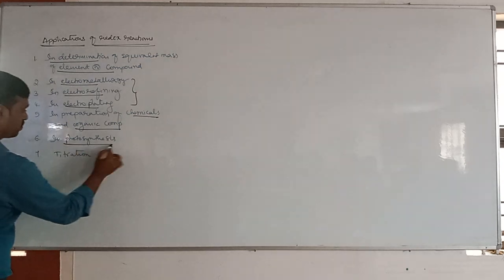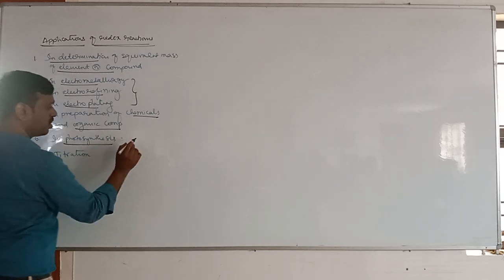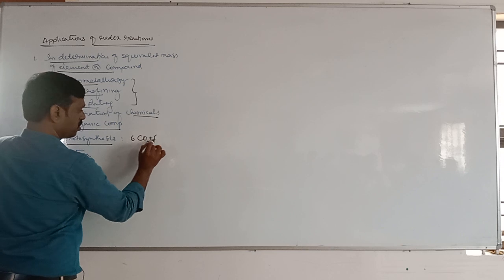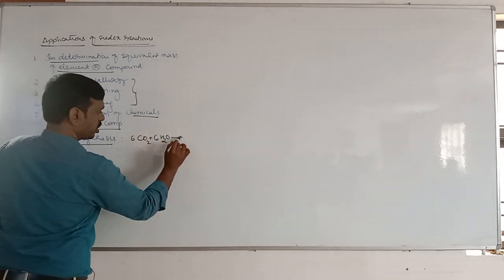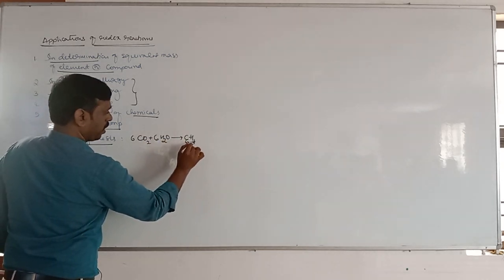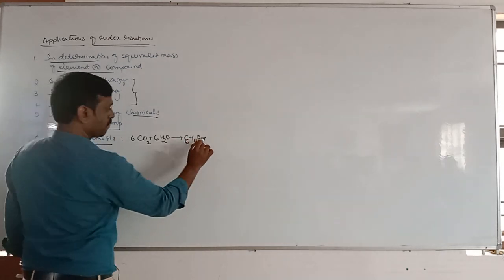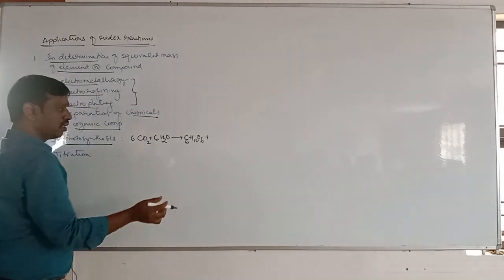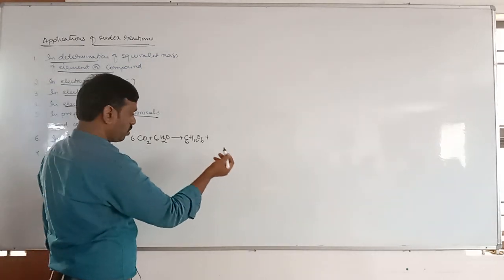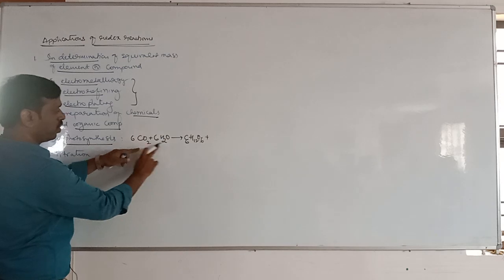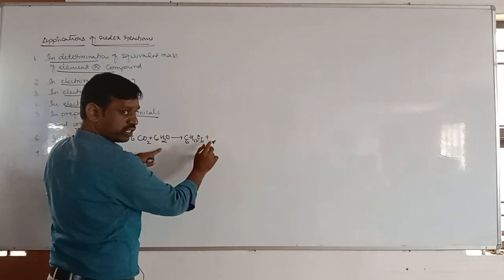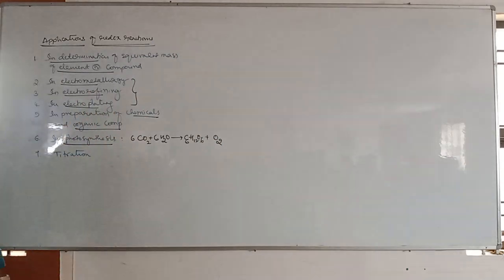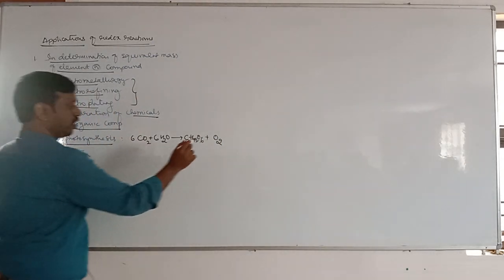In photosynthesis, can you tell me, what is the reaction? 6 CO2 plus 6 H2O gives rise to C6H12O6 plus oxygen, 6 O2, okay, fine.